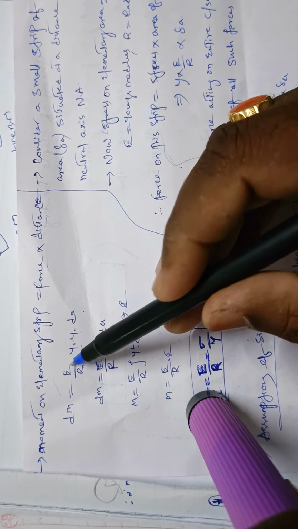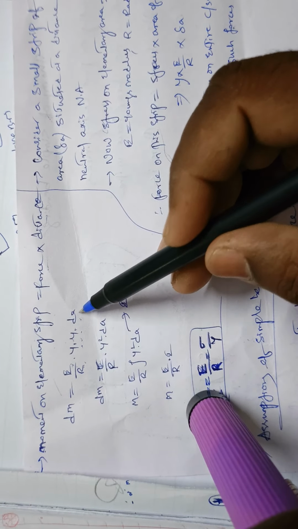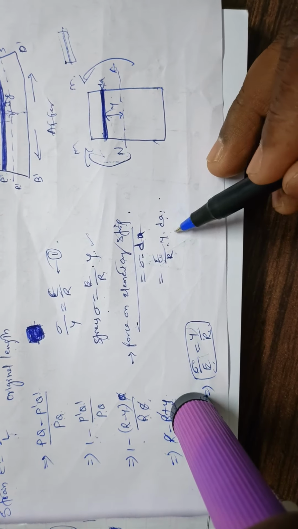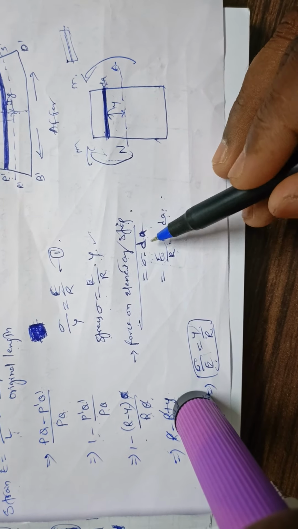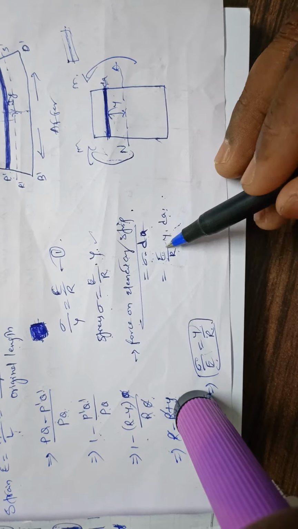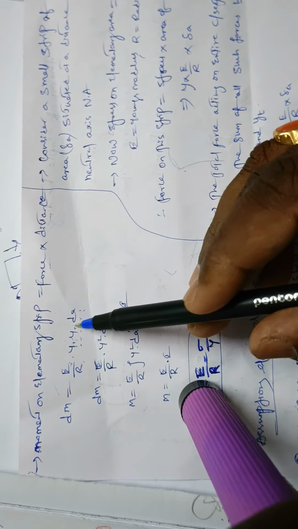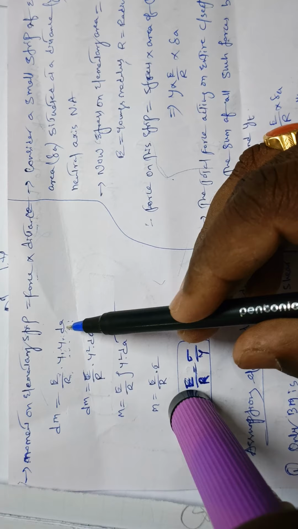So what is there here? E by R into Y into Y into dA. How is it written here? The sigma is written here as Y into dA. This sigma is E by R into Y, and into this Y, where Y is the distance from the strip dA.